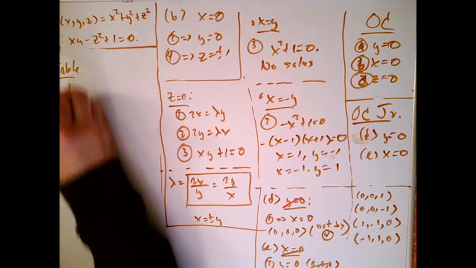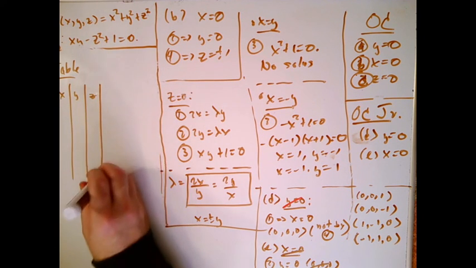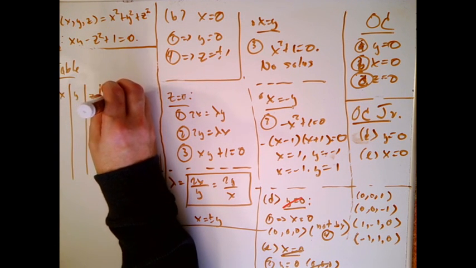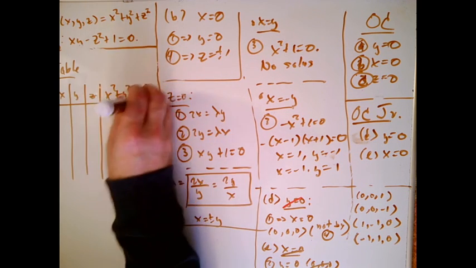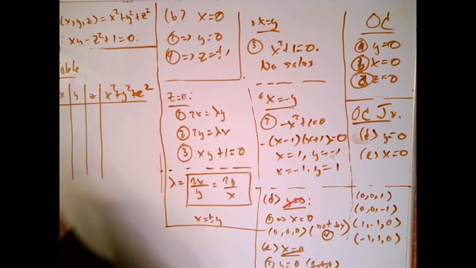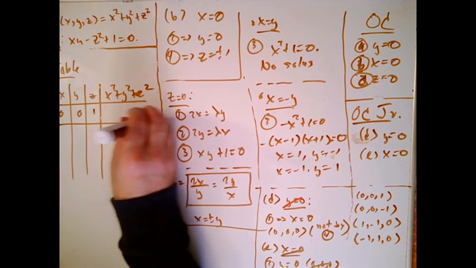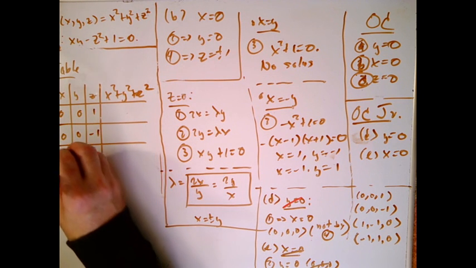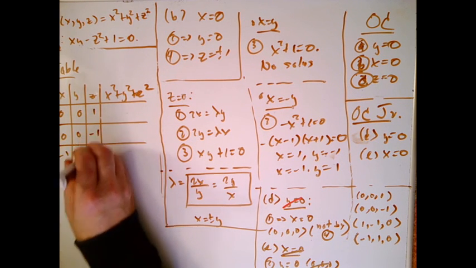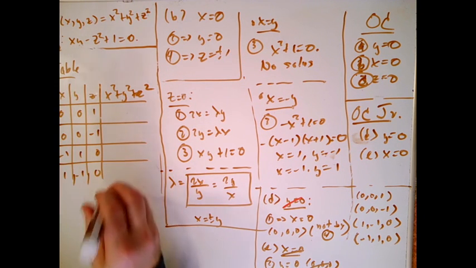So I have x, and y, and z, and the function. And we have 4 points to worry about, right? We have 0, 0, 1. We have 0, 0, minus 1. We have minus 1, 1, 0. And we have 1, minus 1, 0, like that.